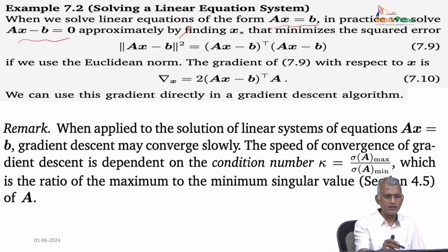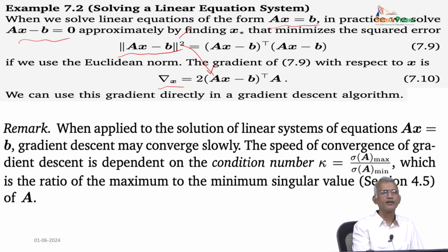It is called the Euclidean norm, which we also discussed in the earlier chapter. Now, the gradient of 7.9 with respect to x is equal to twice (Ax minus b) times A. We use this gradient directly in the gradient descent algorithm.